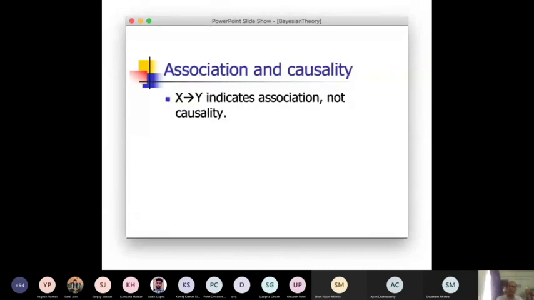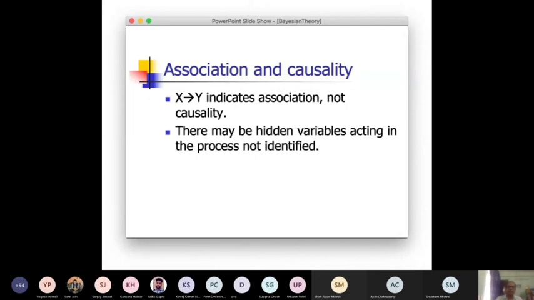So a few considerations here: as I was mentioning, association is not really indicating causality, and there may also be some hidden variables which are not identified. It merely reflects association. So you cannot say which is the cause. You observe that these two have more frequent occurrences, and if something happens, of course the other one happens, but whether it's a cause you cannot say.